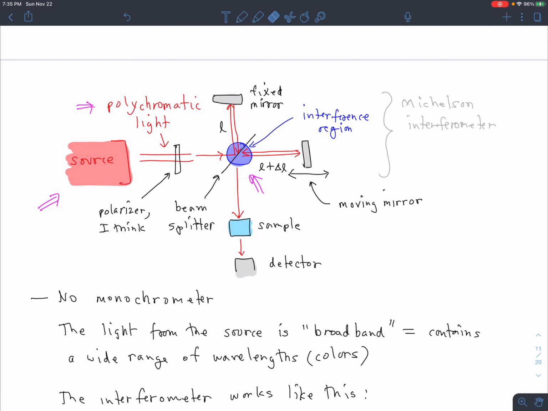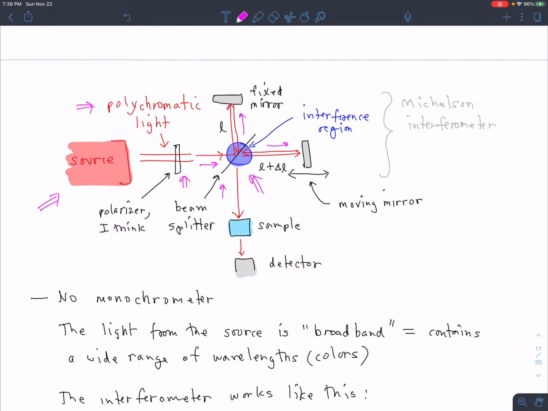So I'm not sure. I don't actually know this stuff very well, but I'm pretty sure there has to be a polarizer in here. Anyway, the light comes in and it hits a beam splitter. Sometimes that's a prism, sometimes it's a partially silvered mirror, but it means half the light goes this way, half the light goes that way.